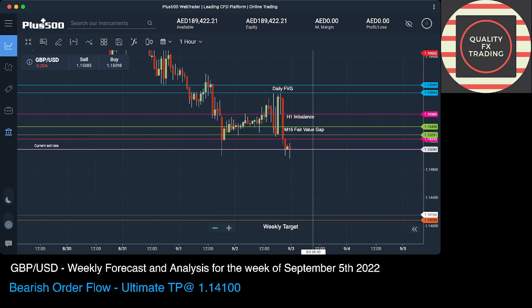Then we will wait for this price to break the low, or if you want to participate in the market, which I don't recommend, any sell setup here, we can go to this weekly target, and after that we will see the reaction of this weekly target. If we reach this weekly target earlier in the week, meaning by Monday or Tuesday, then there will be a higher chance that we will have a bullish week starting Tuesday.